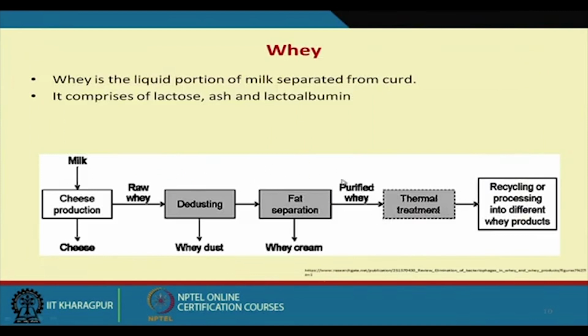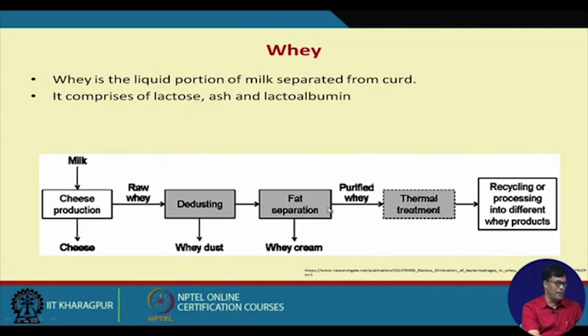Now the whey is the liquid portion of the milk separated from the curd. It comprises lactose and lactalbumin. So it is like this: milk passes through the cheese production, we get the cheese, then we have the raw whey. Then we pass it through the dedusting, where we get the whey dust.